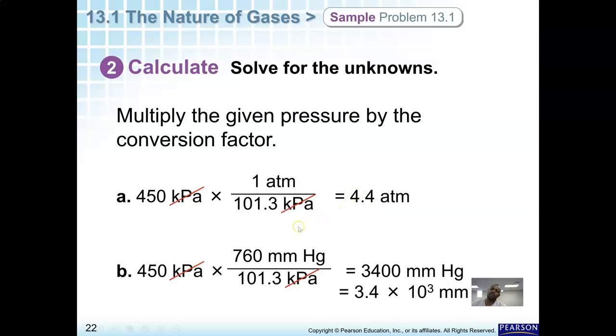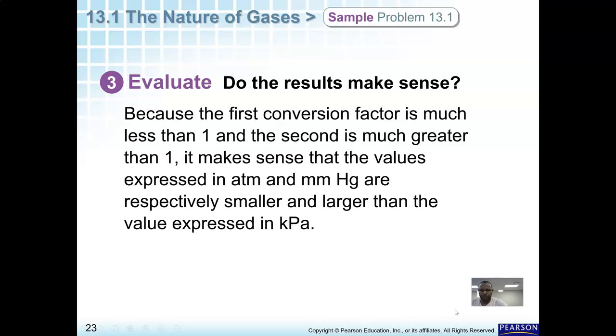Again, when you go to part B, for 450 kilopascal, kilopascal has to be at the bottom in the conversion factor, and the new unit, millimeters of mercury, has to be on the top. Then kilopascal cancels kilopascal. 450 times 760 divided by 101.3 will give you 3400 millimeters of mercury. You can write this in scientific notation as 3.4 times 10 to the power of 3 millimeters of mercury.